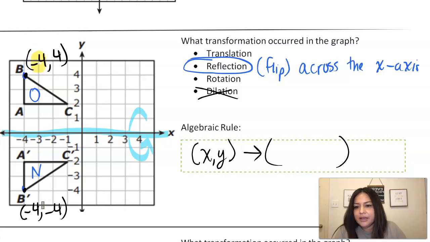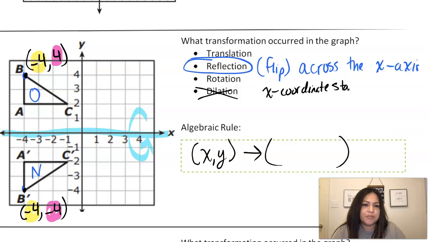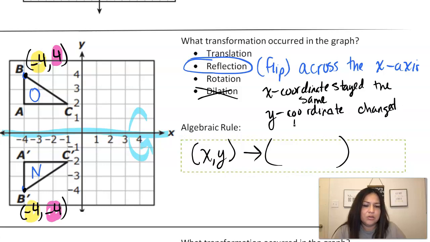I can see that the x coordinate stayed the same, but the y coordinate did change to its opposite. So I'm going to say x coordinate stayed the same, y coordinate changed to its opposite.